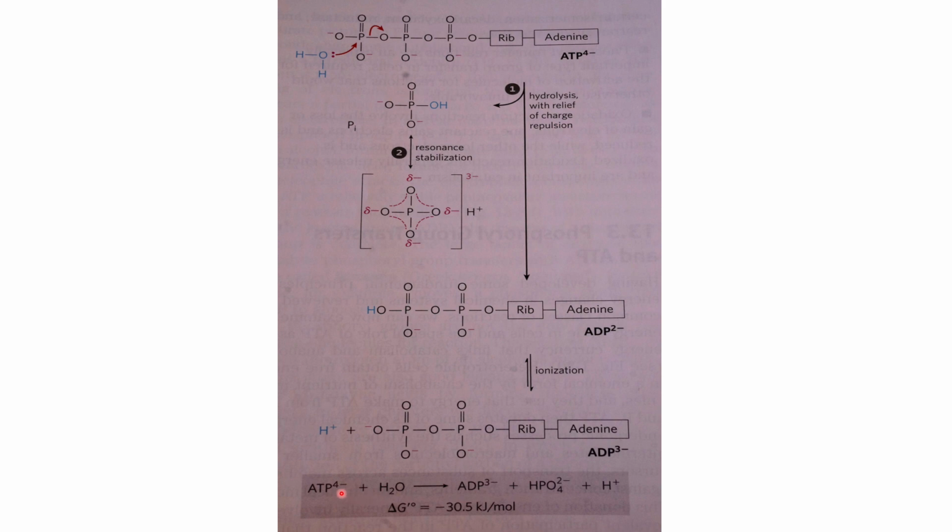By the time you get to the delta G of this transformation, it is about 30.5 kilojoules per mole when you get this reaction going, including its ionization.